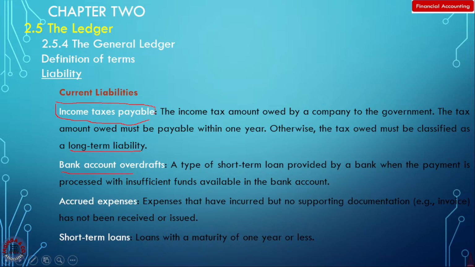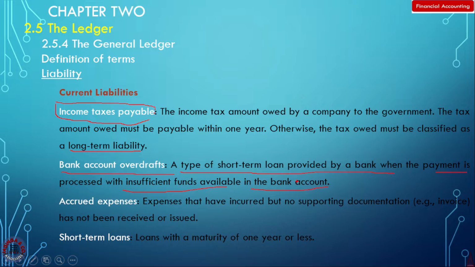Then we also have a bank overdraft. So we are saying that it's a type of short-term loan provided by a bank when payment is processed with insufficient funds available in the bank account. So maybe, for example, you have 30,000 in your bank account, but you are making a payment worth maybe 45,000 shillings.